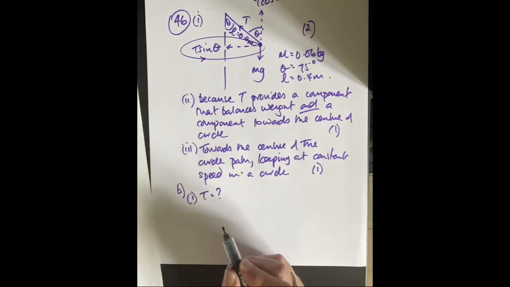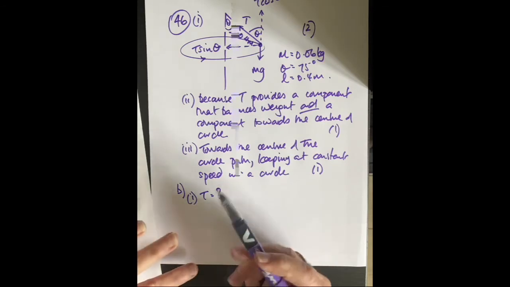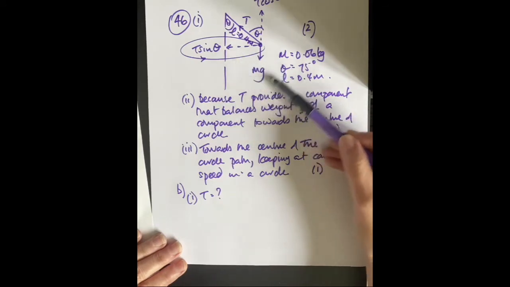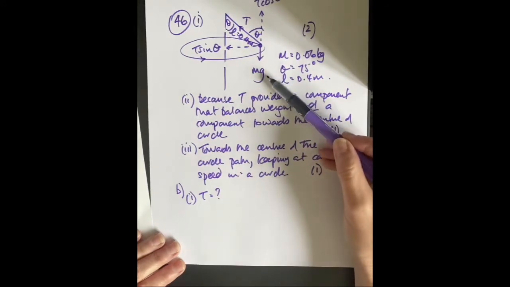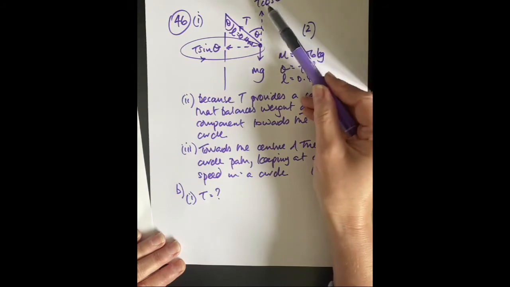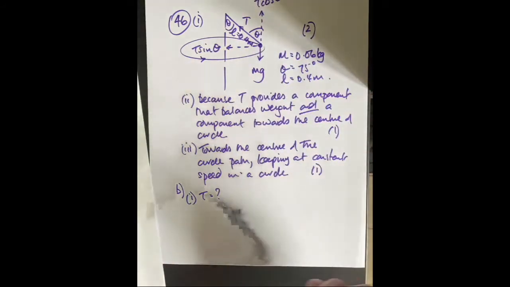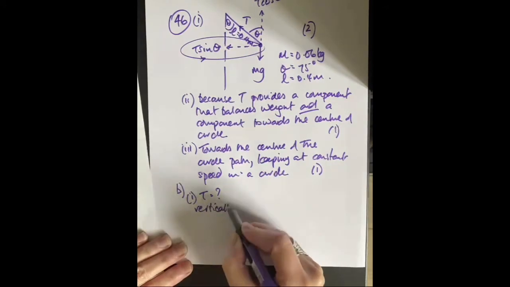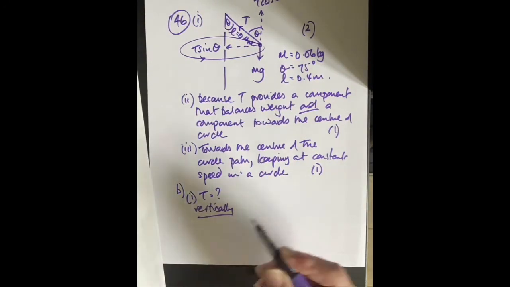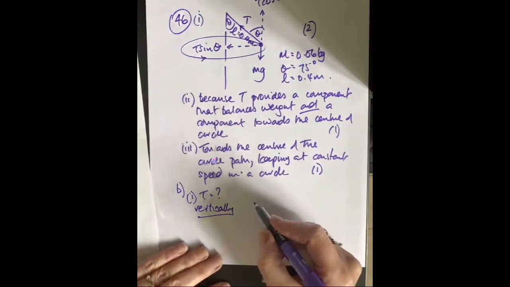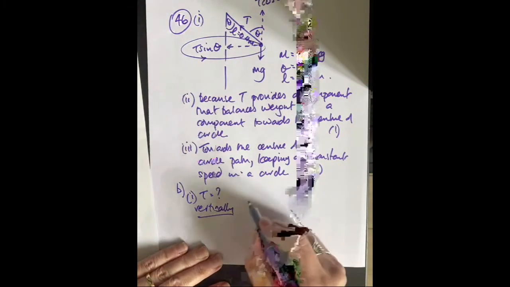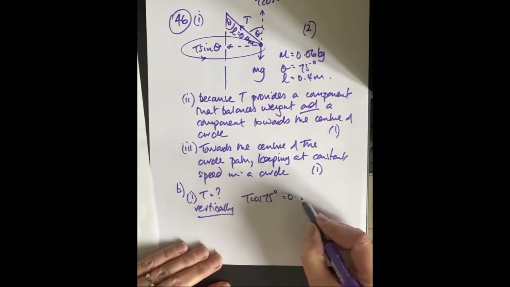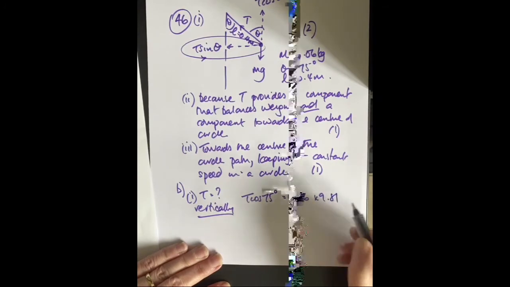So that means calculate the tension, right? Now how are we going to do that? Well, do we know that? Yes, we do. We can quantify this. We can do m times g. We now know theta. So if we look vertically, using the forces in the vertical plane, T cos 75 equals 0.06 times 9.81.